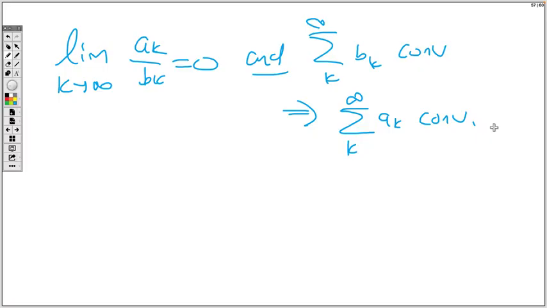Because in this scenario, a sub k is getting to 0 faster than the b sub k is. If the b sub k goes to 0 fast enough to converge, then definitely the series of a sub k will converge.